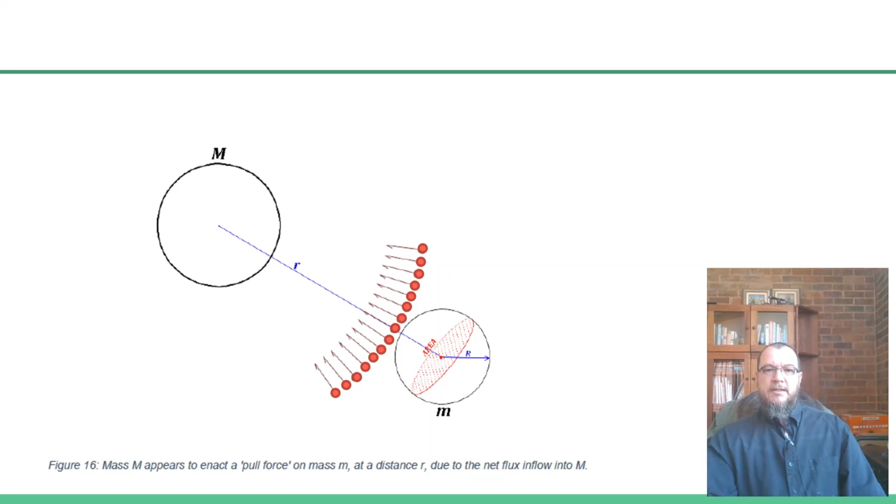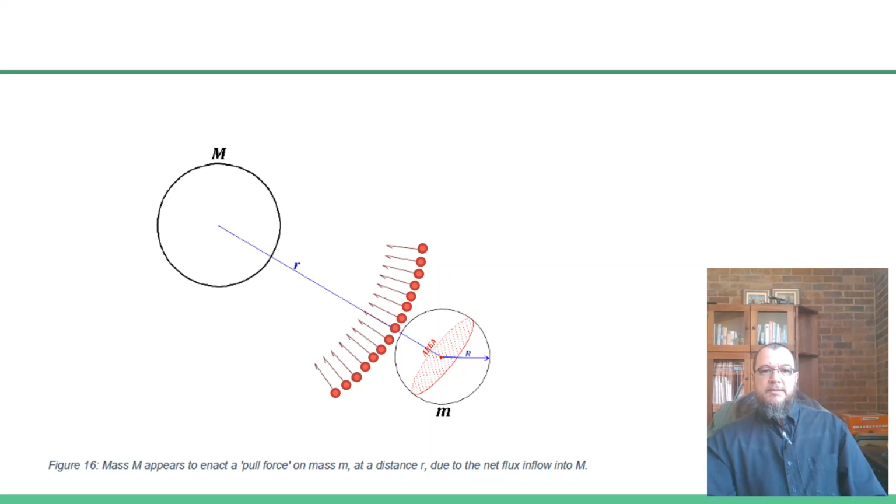This imbalance in the flux is established around the mass big M at the speed of light. It's maintained at the speed of light, and it is re-established should the mass M be moving at any velocity v.